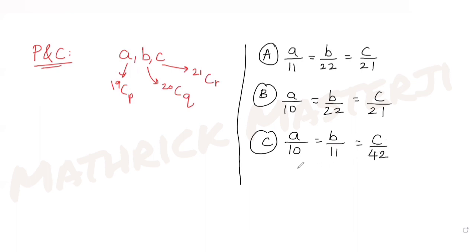And the last answer choice is A over 11, B over 22, C over 42. So we need to figure out which one of the ratios is correct.